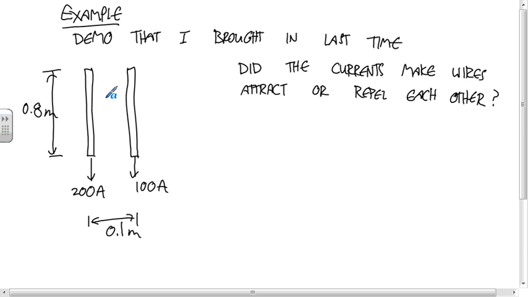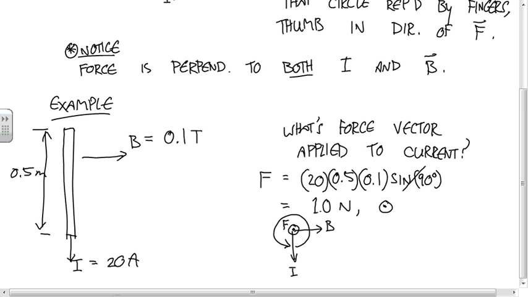So if we choose arbitrarily to isolate the 100 amp current, that's going to be our chosen object. We're going to use that 200 amp current to calculate a magnetic field at locations 0.1 meters away. Then once we know that and we figured out the direction, we can move on to the problem like we just did. So it's sort of two steps.